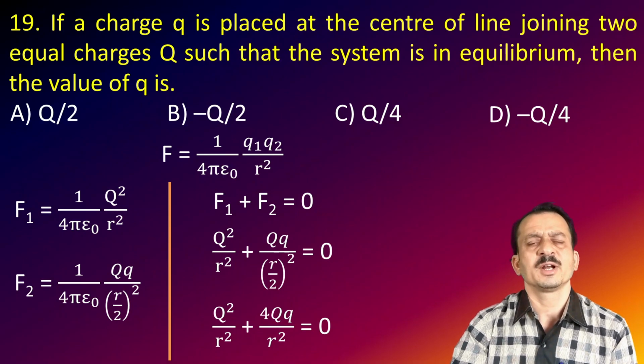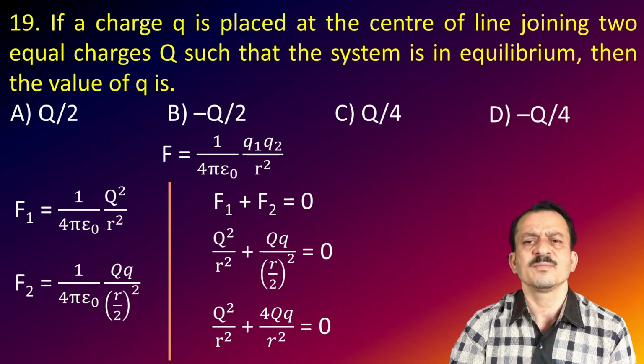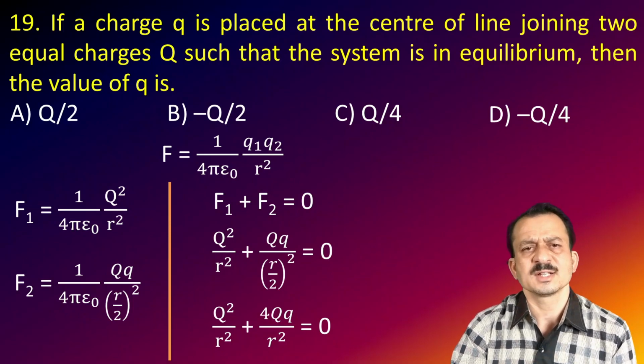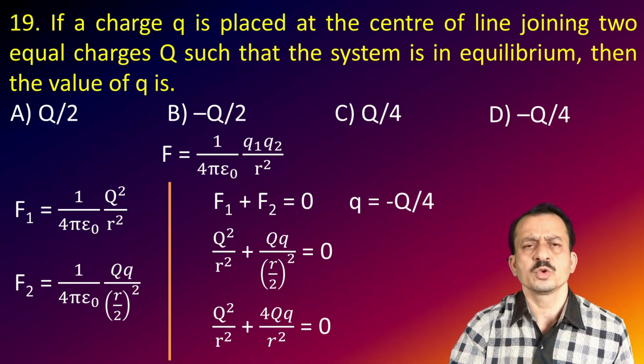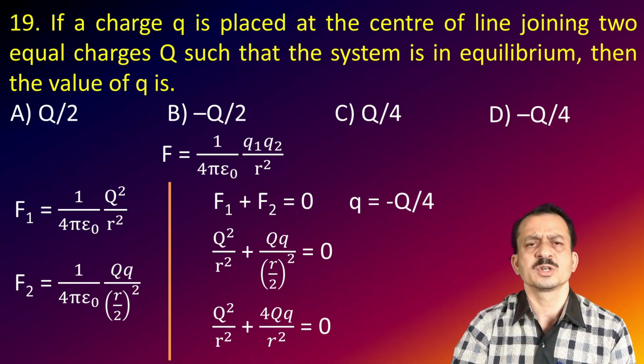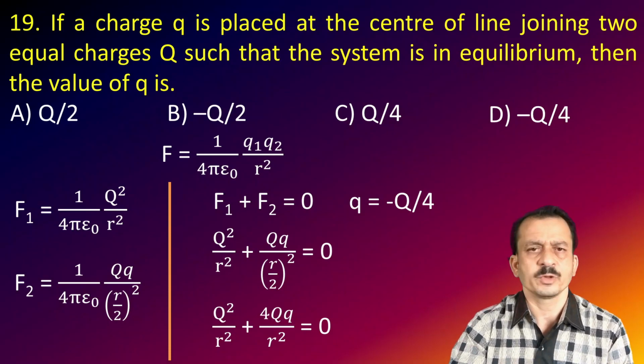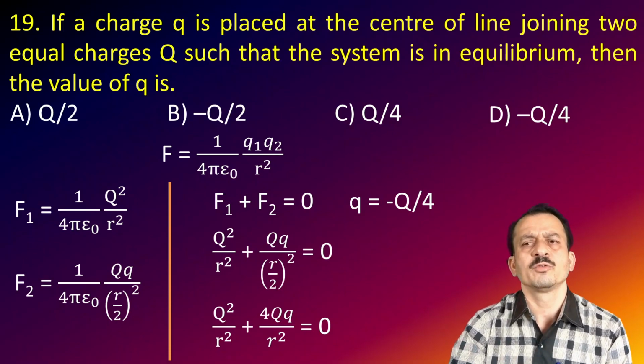So R square in the denominator is common, it gets cancelled. Capital Q gets cancelled. We are left with capital Q is equal to minus 4 small q. Therefore small q is equal to minus Q divided by 4. So therefore D is the right answer.